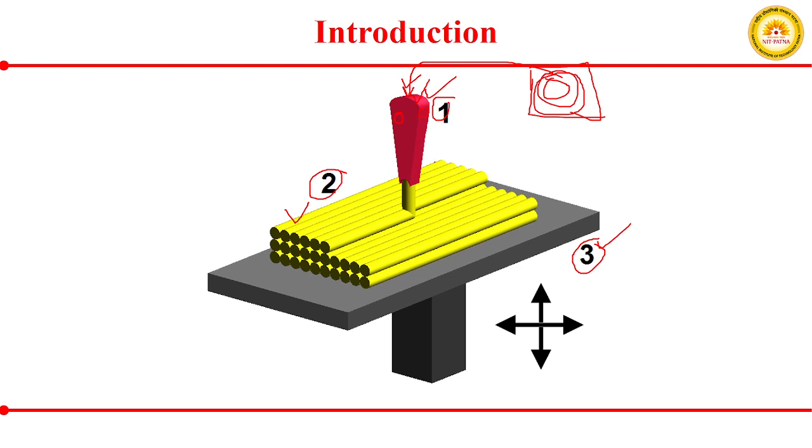In the case of these extrusion-based additive manufacturing processes, the material comes out through the nozzle and gets deposited on your build platform. Suppose we are building our first layer. Then it is deposited either on your build platform or on your support material.